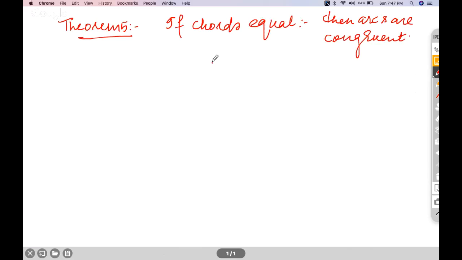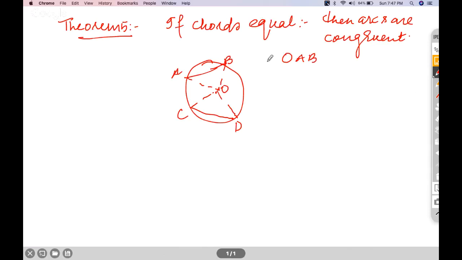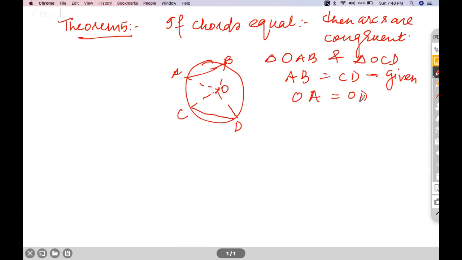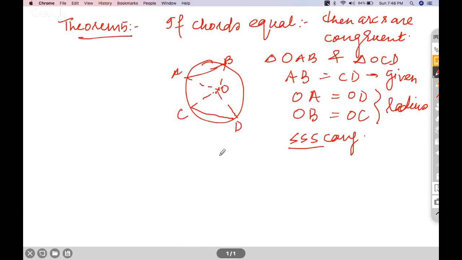If AB is one chord and CD is another chord, and I do this construction, center is O, in triangle OAB and triangle OCD, I have AB equal to CD, given to me, and OA is equal to OD and OB is equal to OC because they are radii. So by side congruency, and hence by CPCT, you have angle AOB equal to angle COD.